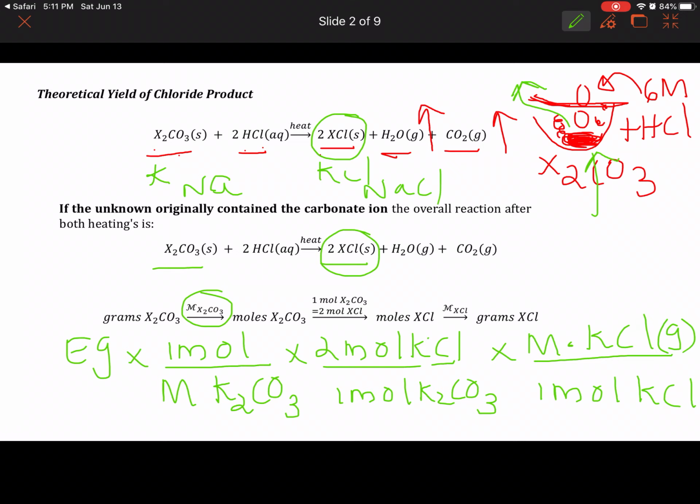So take the E, which is 0.4 something, and then use the molar mass of potassium carbonate, use the molar ratio, use the molar mass of potassium chloride. This will give you the theoretical yield. And this is if your sample that you took was a metal carbonate.